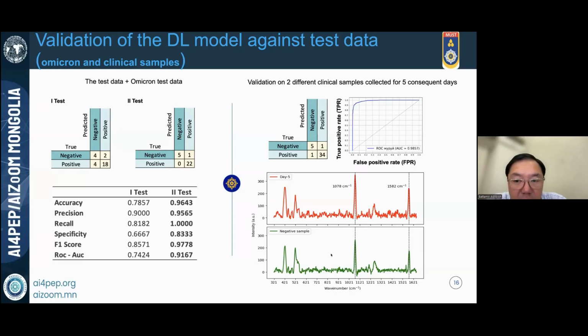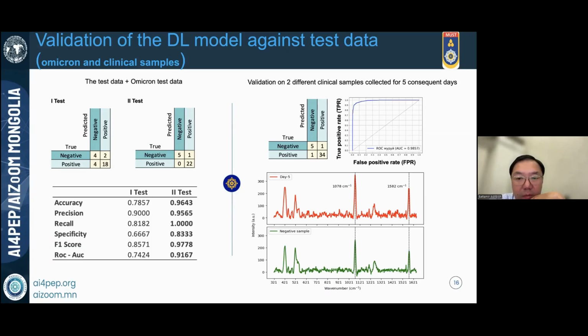The third test is special because we used 35 real clinical samples from 2 PCR-confirmed patients, collected over 5 consecutive days, and added 6 negative controls.